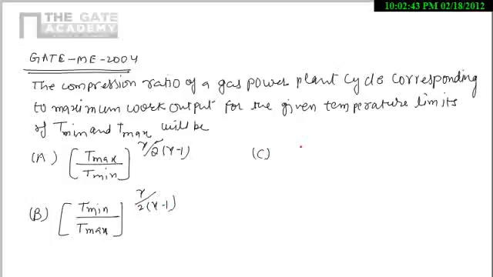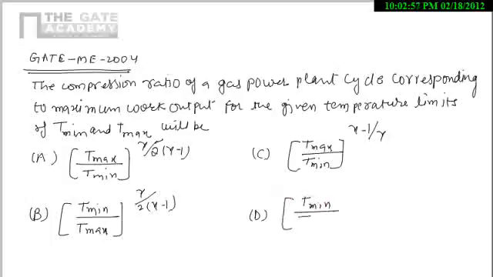C, T max by T min to the power gamma minus 1 by gamma. And D, T min by T max to the power gamma minus 1 by gamma.